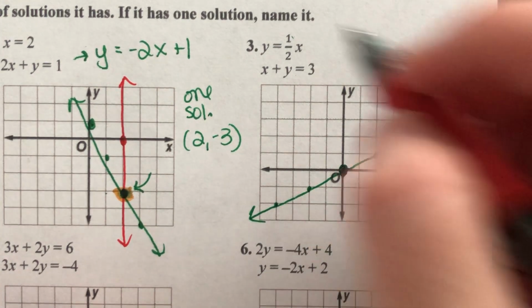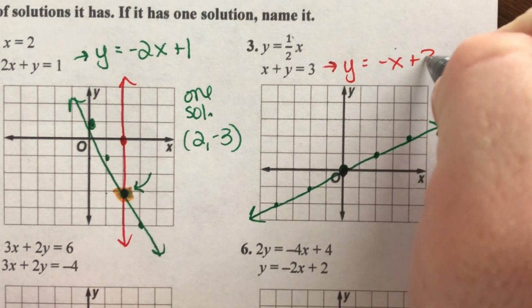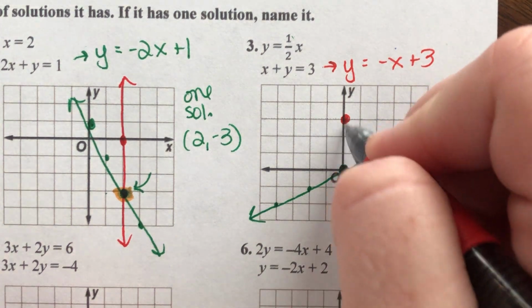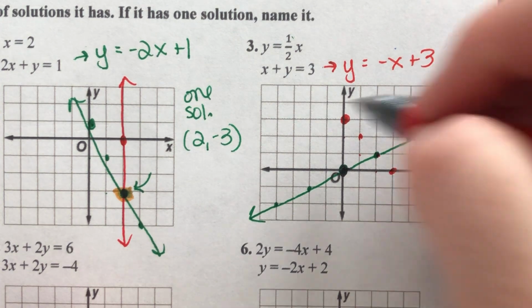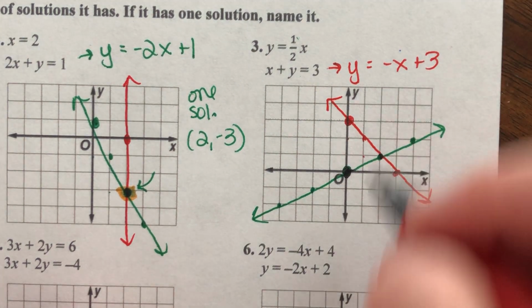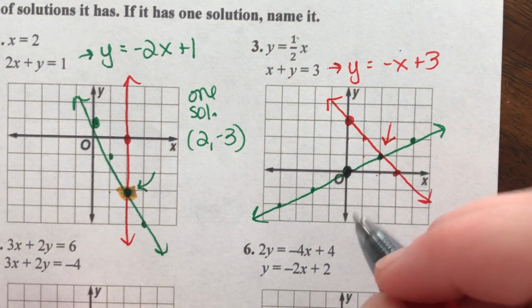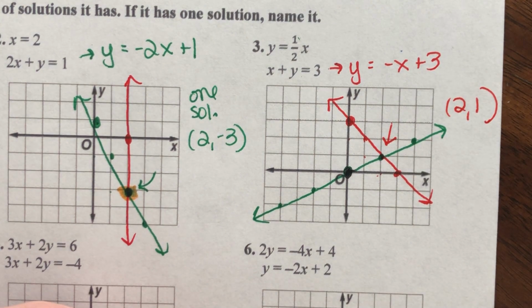And then for the second one, I'm going to rewrite it as y equals -x plus 3. So I'm going to go up 3, and then my slope is down 1 over 1, down 1 over 1, down 1 over 1. Okay, so it looks like they share a solution, which is right here, over 2, up 1. 2, 1. That's their one solution.